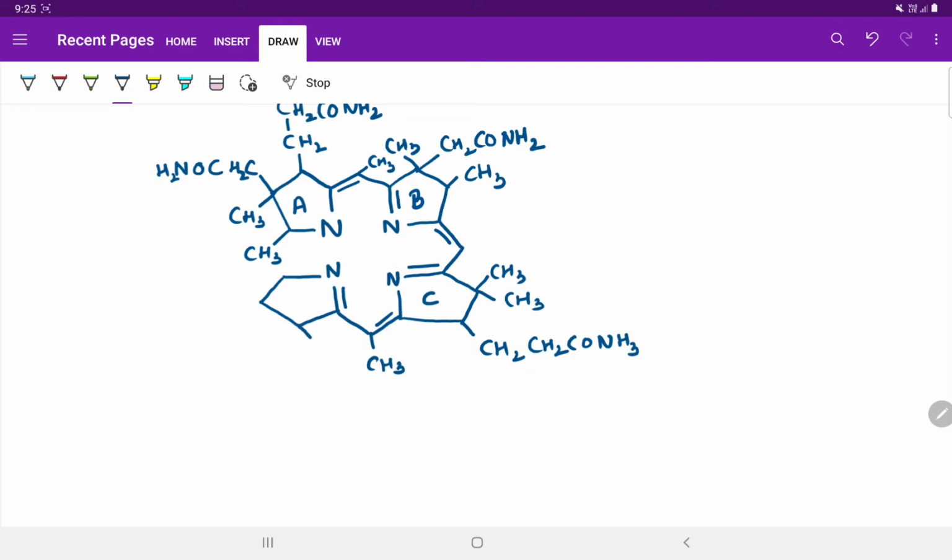So you can see here, similarly a methyl group is attached here and a propionamide will be attached at this position. And an acetamide group will be attached here.